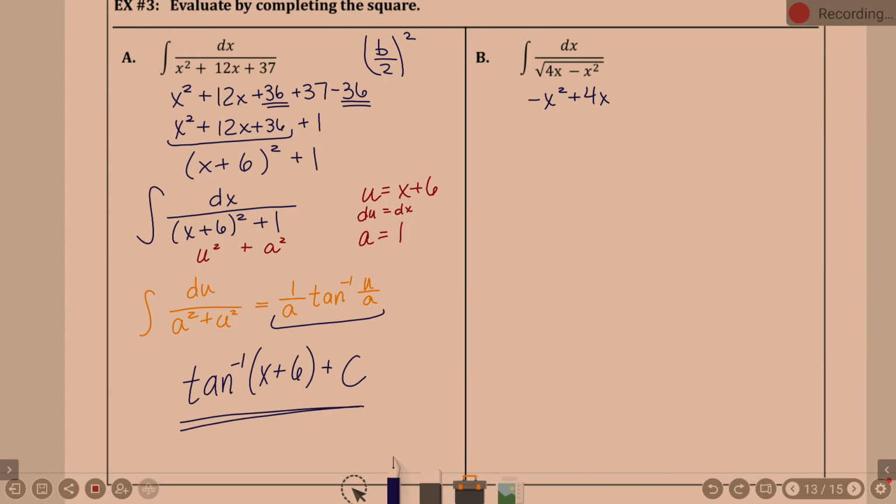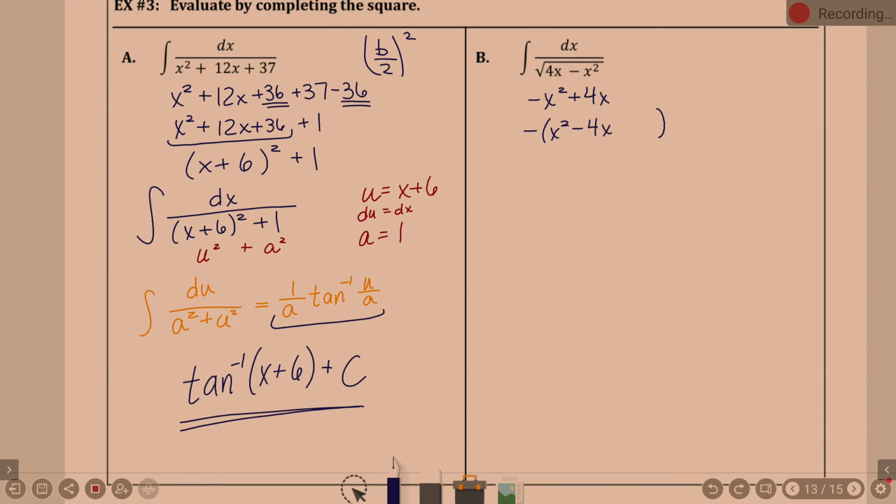At least as a teacher, I can't work backwards. So I'm going to flip this negative out front for a moment. I'm also going to factor that negative out, and if I factor that negative out, it's x squared minus 4x.